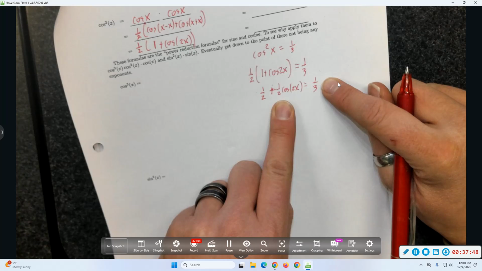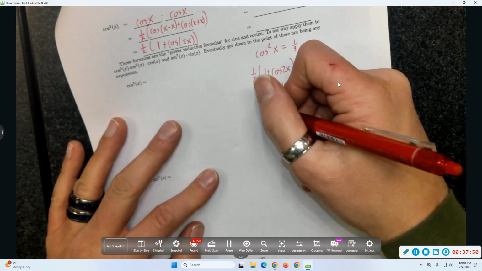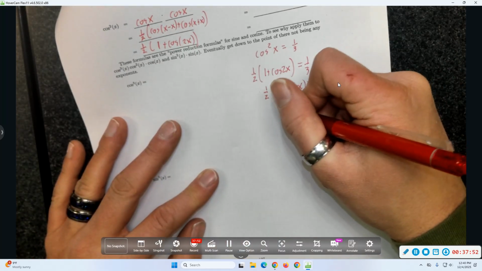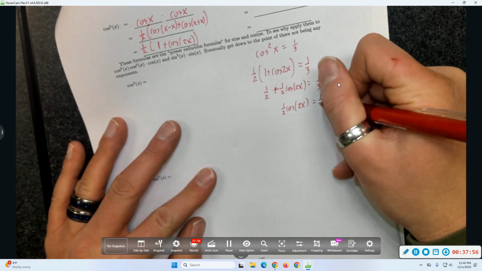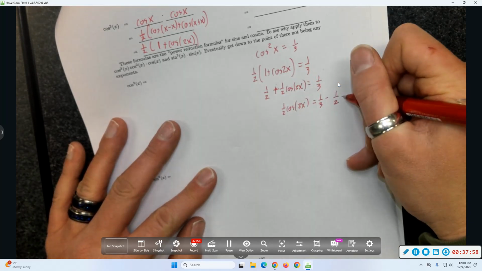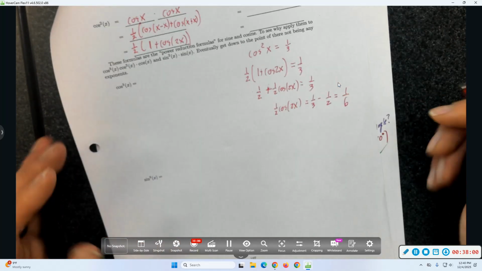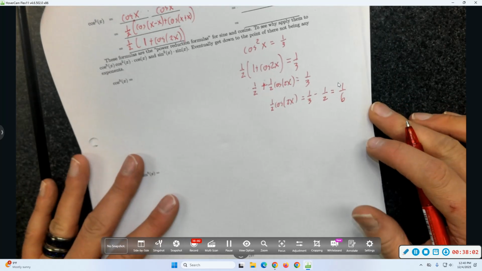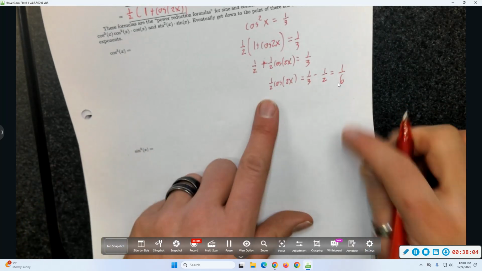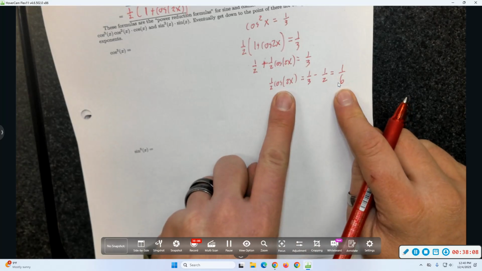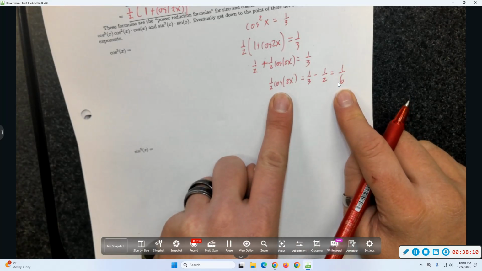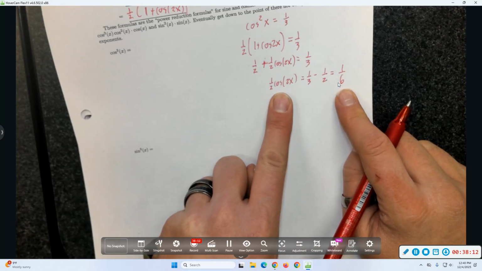Subtract 1/2. And again, if you were following a different strategy, then you have a different next step. 1/2 cosine of 2x is 1/3 minus 1/2, which in the interest of speed is just 1/6, right? All right? Cool. So now what do you do next to get rid of the 1/2? Yeah, get that onto the other side.